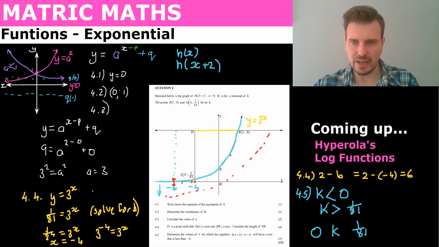And so we know that k is less than 0 but it's bigger than negative 1 over 81.